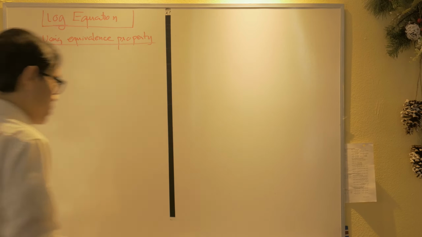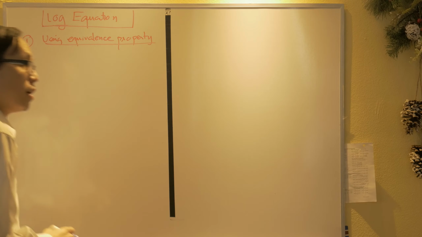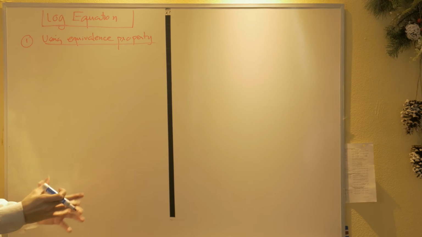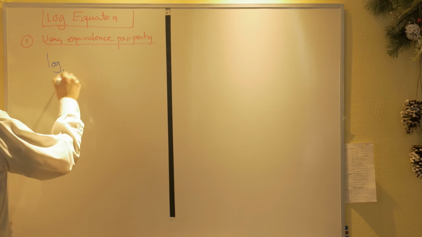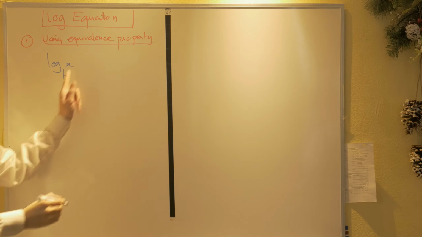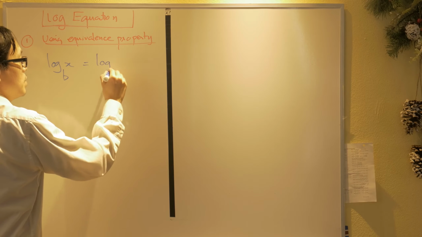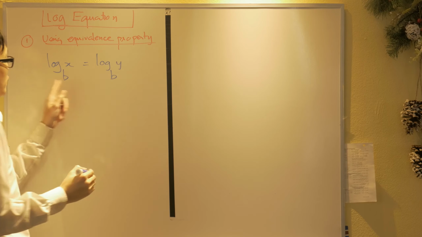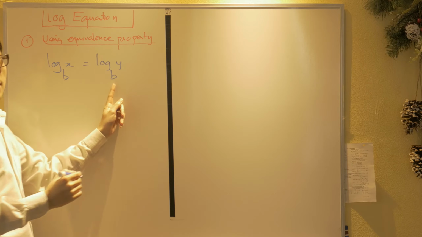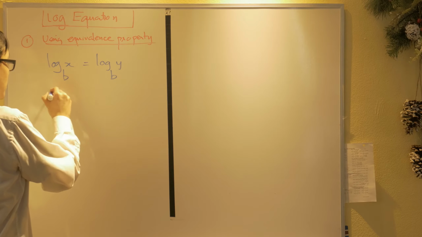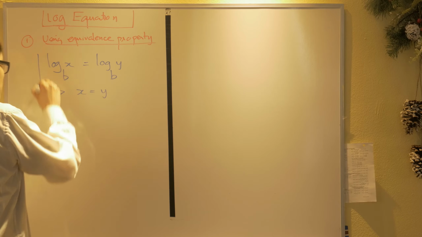The equivalence property states that if we have two logs and the base is the same, we can set the arguments equal to each other. So if log base b of x, x is the argument, b is the base, equals log base b of y, you see you have two logs on both sides and the same base b, then this implies x equals y.